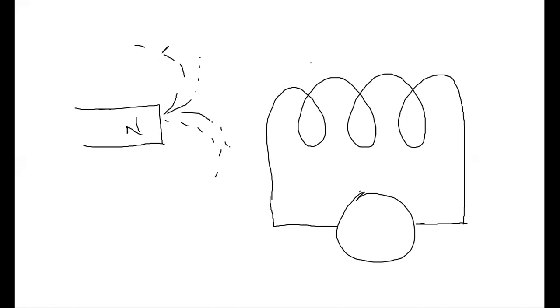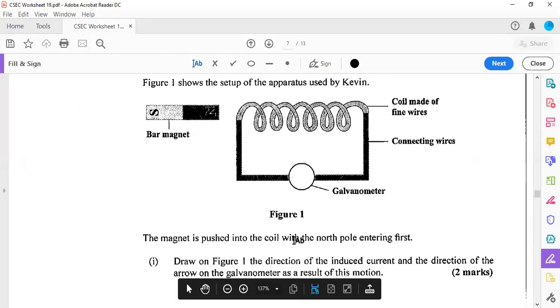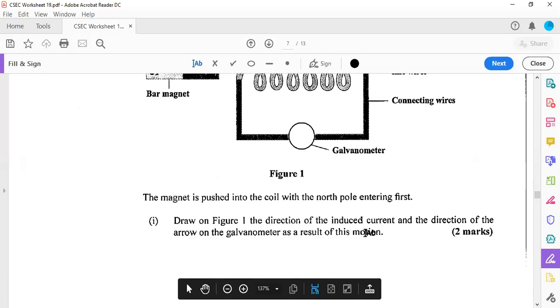So let's go back now to the question. The question here says the magnet is pushed into the coil with the North Pole entering first. Draw on figure 1 the direction of the induced current and the direction of the arrow on the galvanometer as a result of the motion.